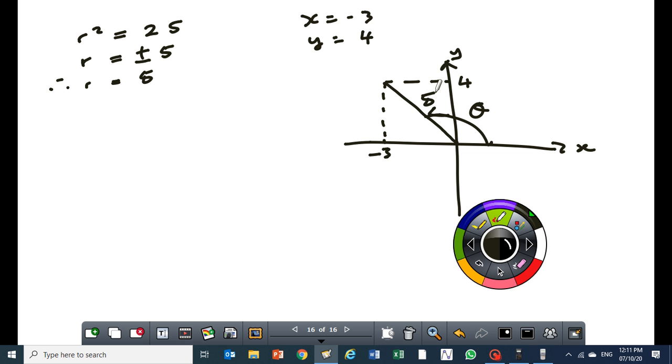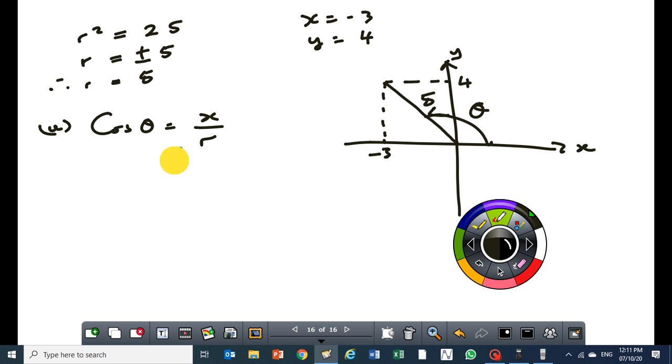Sometimes you can be given the sketch, and then it can be tested when the sketch is given. But if you are able to draw it, then it should be easier if it's given. Then from here, we now need to answer the question, what is cosine of theta? Cos theta is equal to x over r.